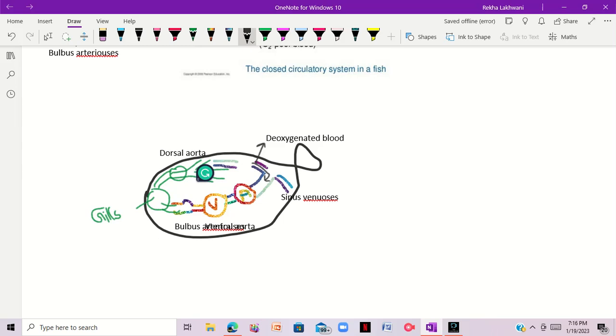Then it moves to the dorsal aorta, and from the dorsal aorta to other body parts. It divides into arteries, and arteries into capillaries, and it spreads to the whole body. So basically this is the mechanism of how circulation is done in fish.